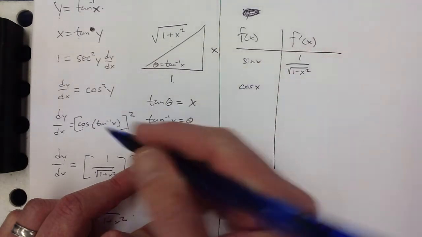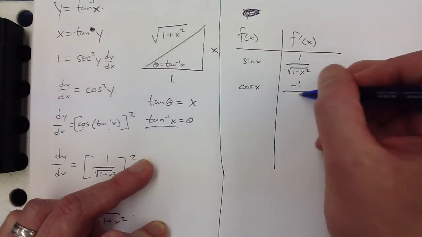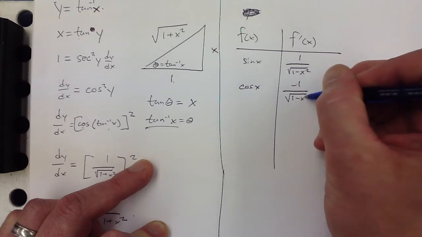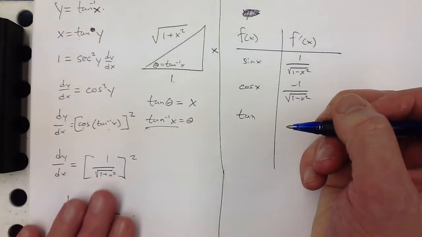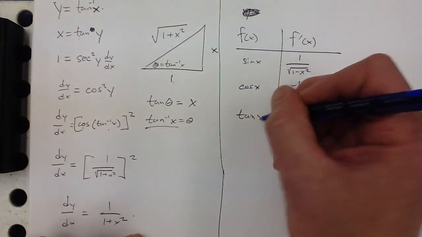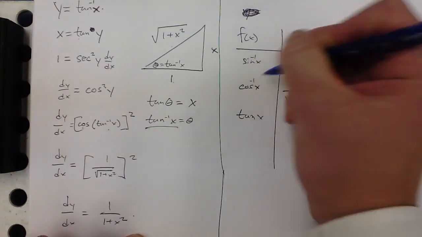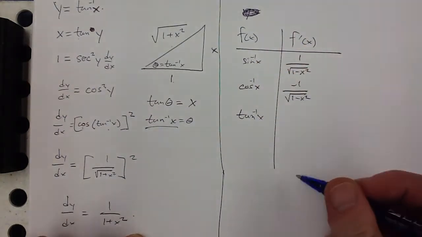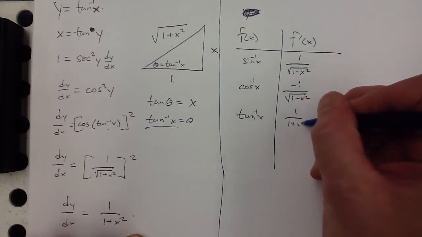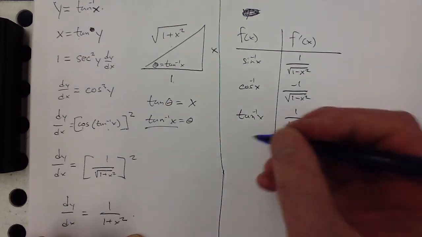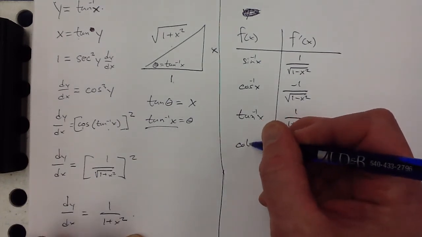Using a very similar proof, you could show that, right on this side of the page here. I'm sorry, I keep forgetting to write those in there. These are the inverse functions, right? The inverse trig functions. The derivative of tangent inverse is 1 over 1 plus x squared, and the derivative of cotangent inverse.